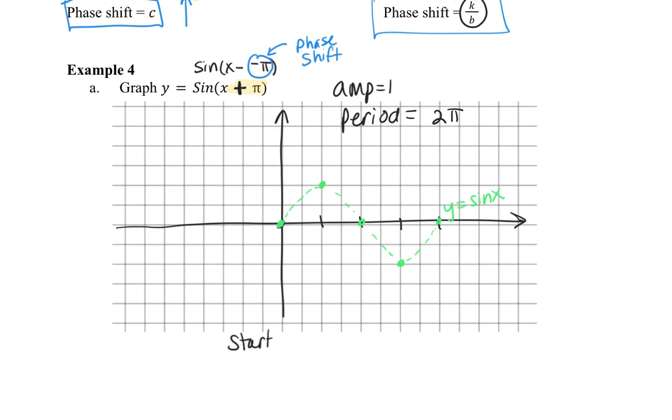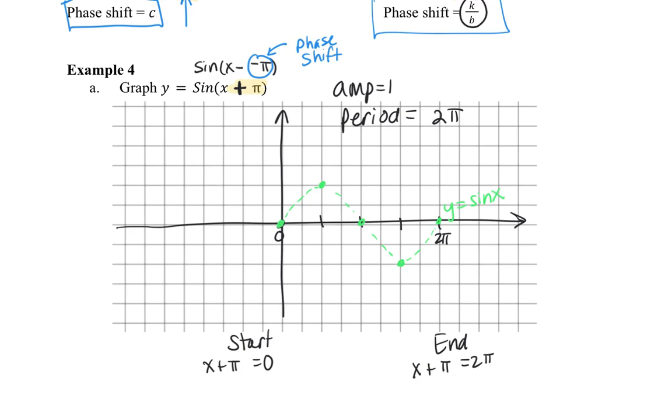Sometimes that can be a little bit hard to figure out what those points are, so generally I find it easier just to think about the start and the end. An original sine starts at 0, ends at 2 pi, and so those are going to be my start and end, but now I have a different input. Instead of just x equals 0 for the start, now it's x plus pi equals 0, and then x plus pi equals the end, 2 pi.